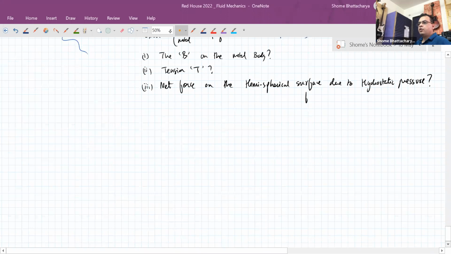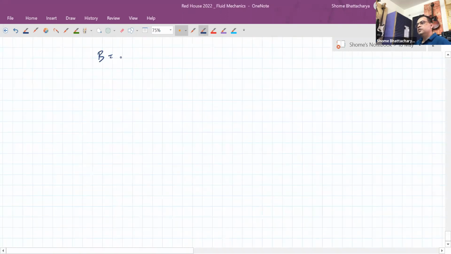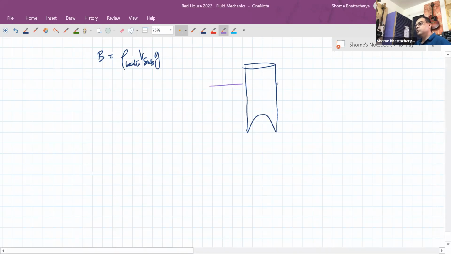Okay, so as far as buoyant force is concerned, we can directly use Archimedes principle. So it is density of water into volume of submerged part into g. Okay. So if you look at it, the portion of the volume which is submerged underwater, that will be the portion that I'm shading over here.